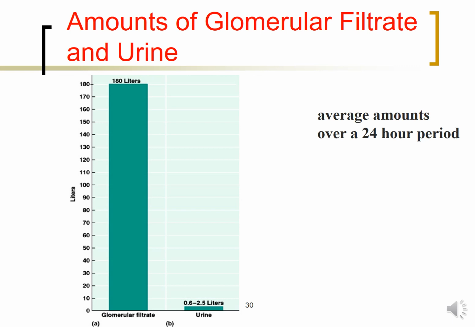But the average normal range is between 0.6 and 2.5 liters a day. So from that 180 liters, nearly all is reabsorbed, leaving about 0.6 to 2.5 liters.